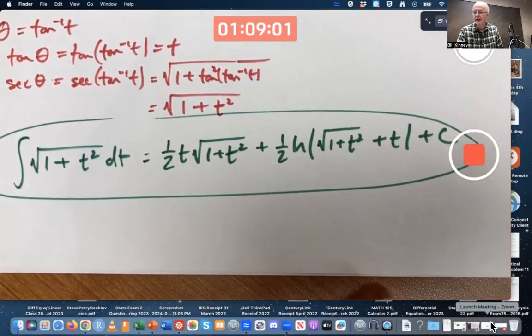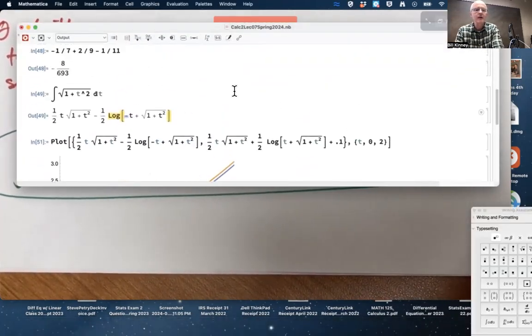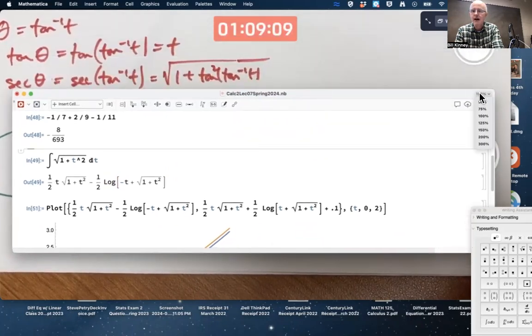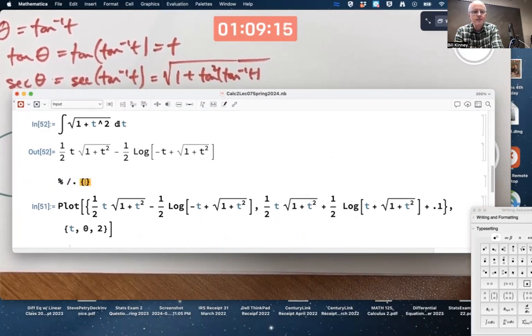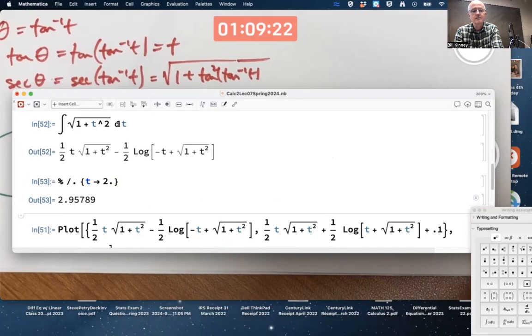And then if I plug in t equals 2, I get the distance traveled. I can even do it with Mathematica's answer here. I get the distance traveled at t equals 2 should be close to 3. Yeah, 2.96.